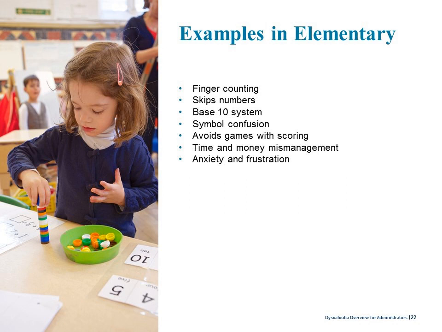So in our elementary grades, you might see students who rely on counting on their fingers beyond early childhood. They could be skipping numbers when counting. They could have struggles with numeration and base 10 systems of counting. Or they could be confusing number symbols, pluses and minuses.